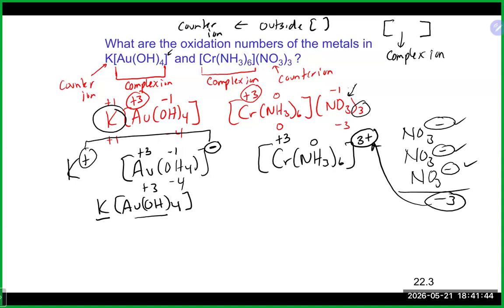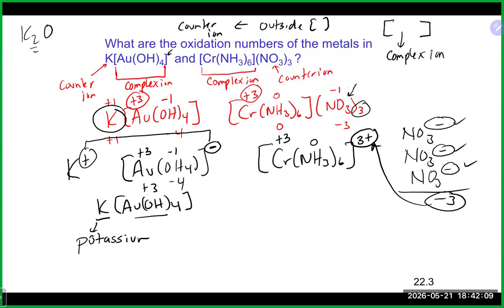Now, the good news about counter ions is we simply use the name of it. So this would be, to begin with, just potassium, like you would normally call it. The counter ion is just named by its normal name. And just like in normal nomenclature, it doesn't matter how many you have of it.